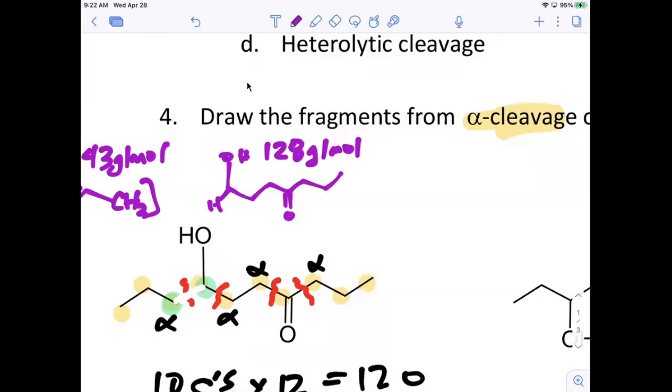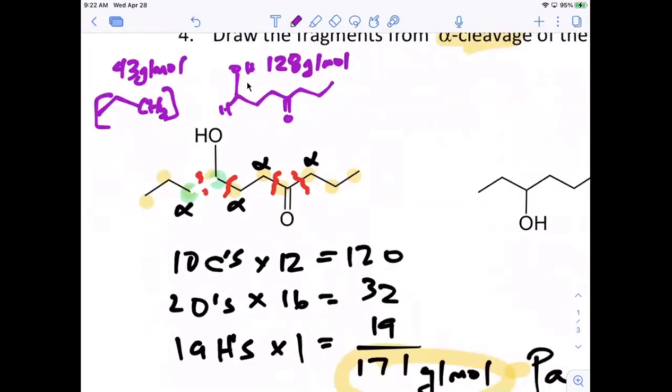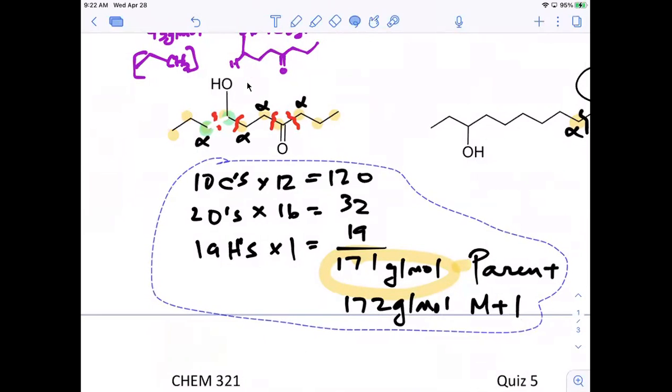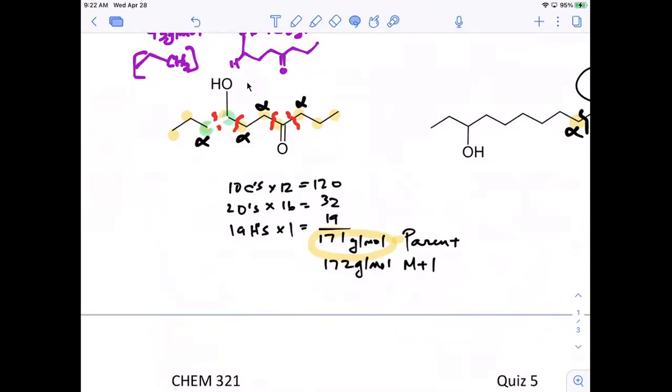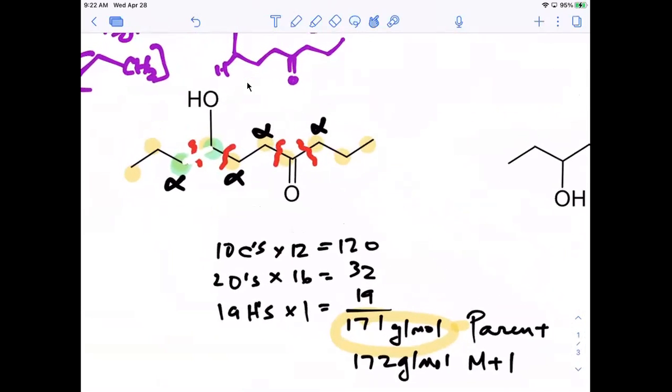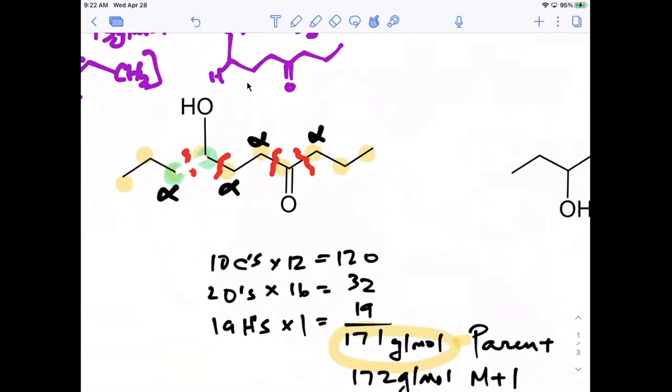So that would be alpha cleavage at that site, and then if I cleave the other side, I'm going to get two different fragments. What would the fragmentation look like if I cleave this bond right here?